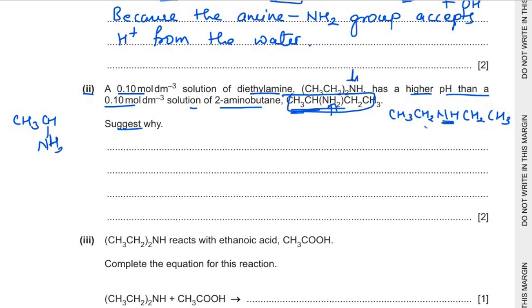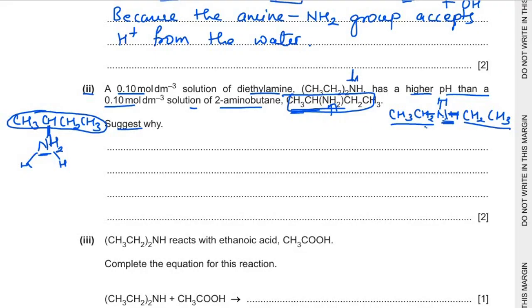CH3CHNH2, that is 2-aminobutane, has this structure. So the nitrogen is bonded to two hydrogens here. Understand this difference: here the nitrogen is bonded to only one hydrogen and two of the bonds are occupied by the ethyl groups, that is, the alkyl groups are bonded to nitrogen directly. Here only one alkyl group is bonded to nitrogen directly in the amine group.